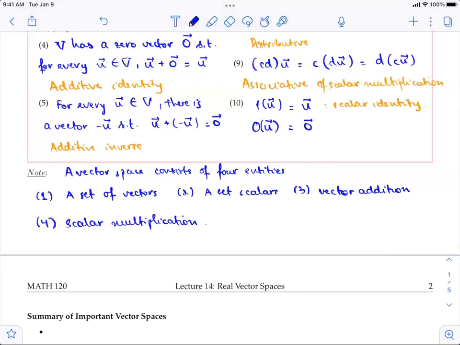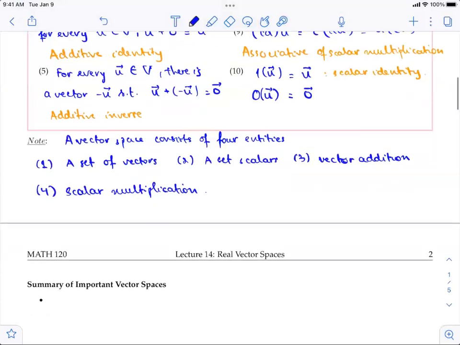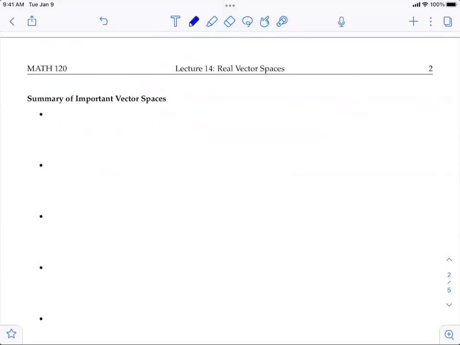All right. Later on, we're going to check if a set is a vector space or not. But for now, we're going to write down some important vector spaces in linear algebra. You may have seen some of these sets already along the way in this course, and maybe in other courses in mathematics as well. The first one, R, is the set of all real numbers, or R1, one space.